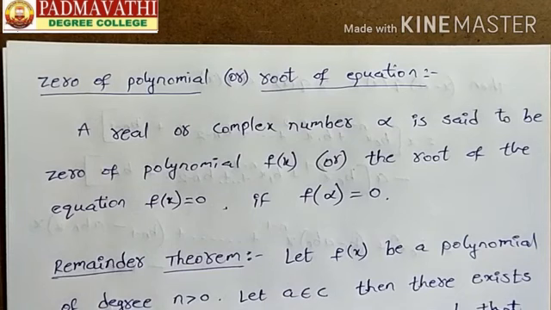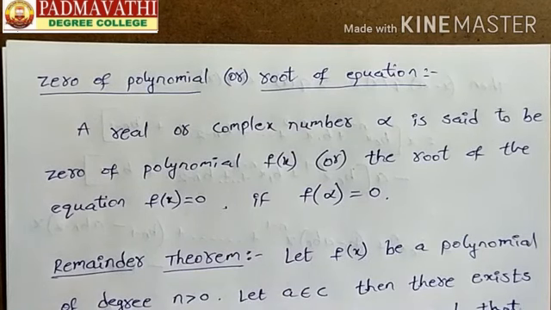Means when you substitute that real or complex number value alpha in that expression or equation, it gives 0, then we call it a zero of the polynomial, or in case of an equation a root of the equation, f of alpha equal to 0.